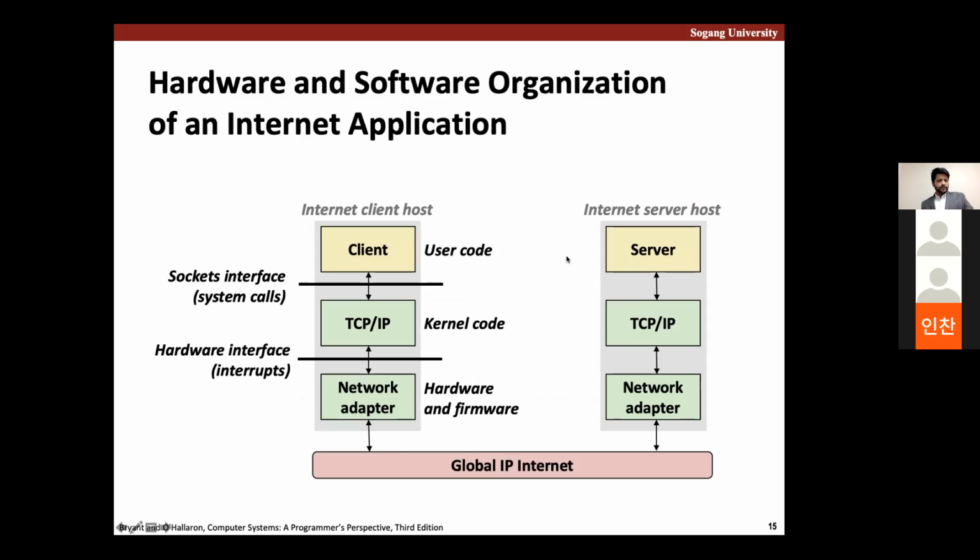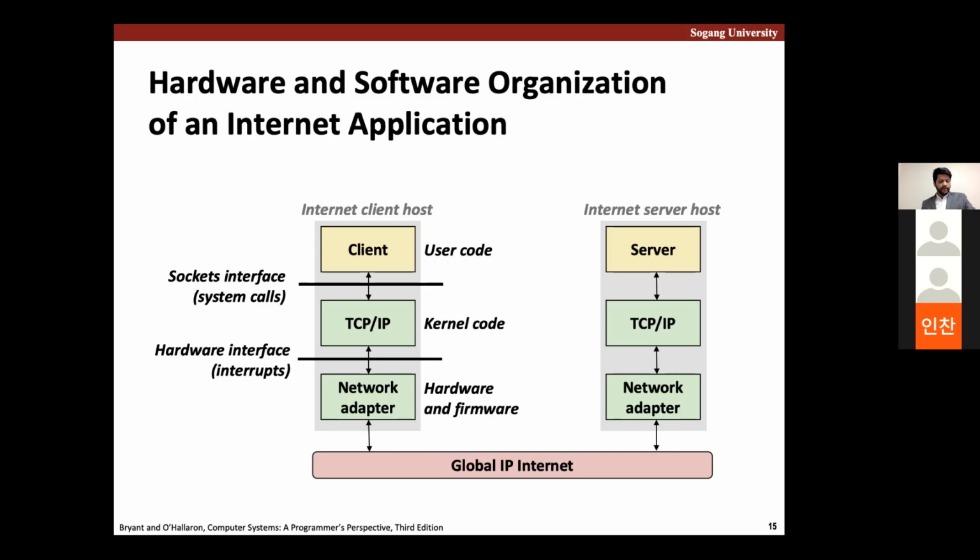This is the hardware and software organization of an internet application. The socket functions are typically implemented as system calls that trap into the kernel and call various kernel-mode functions in TCP/IP. That's how the I/O stack lays out on both the client and the server side. On the client, we have some user code, the simple application programs written for network communication, and we have the socket interface. The client application calls these system calls to invoke the socket interface, and then we go to the kernel.